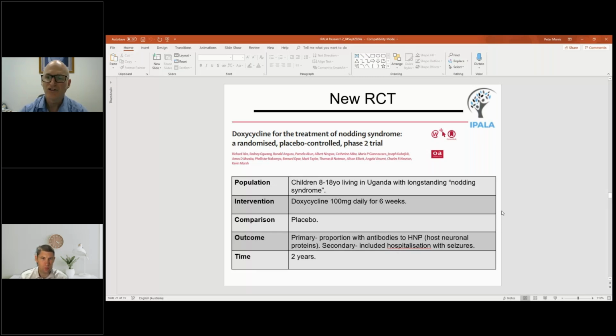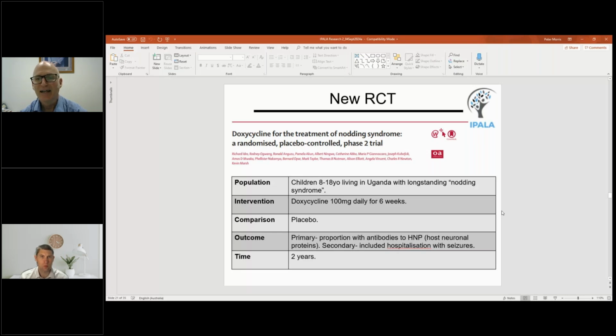Now, the primary outcome was a surrogate outcome, and it was the presence of antibodies to host neuronal proteins. And the reason for that was their biological hypothesis was that this condition is an abnormal immune response to Onchocerca, the worm that causes onchocerciasis, and Wolbachia, which often lives within the worm.